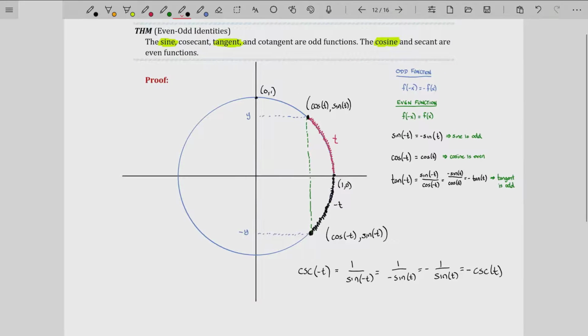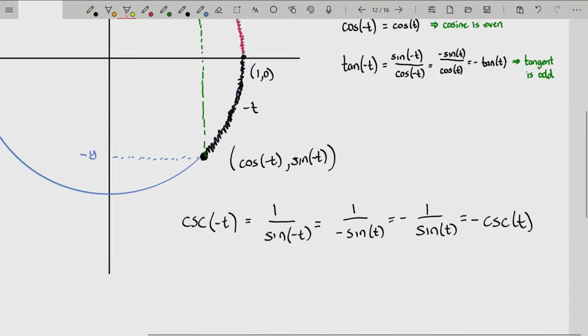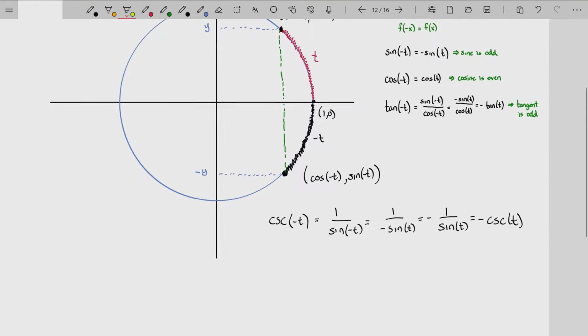And the rest, the secant and the cotangent, flow the same way, but we've proven it for the cosecant, the sine, the tangent, the cosine. I'll leave it to you to prove that the cotangent is odd and the secant is even, but they flow the same way as how I've done the cosecant here and the tangent up above.